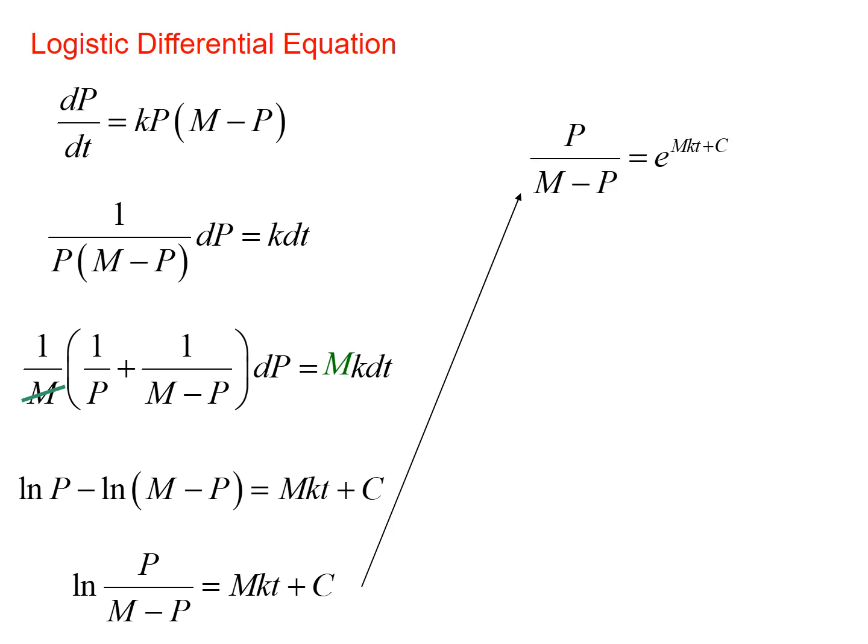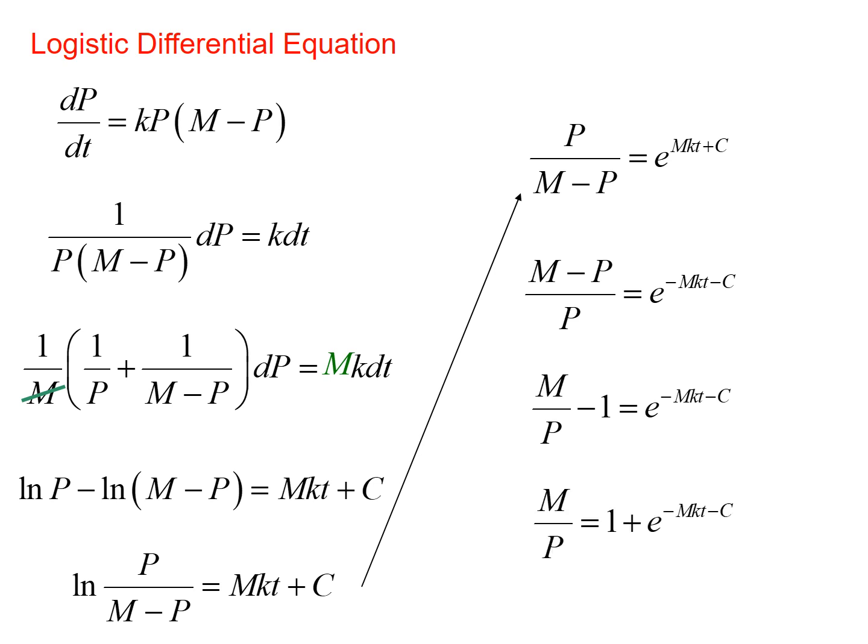We can get rid of the natural log by exponentiating. I flipped around the fraction, which makes my exponent negative. Simplify the fraction.